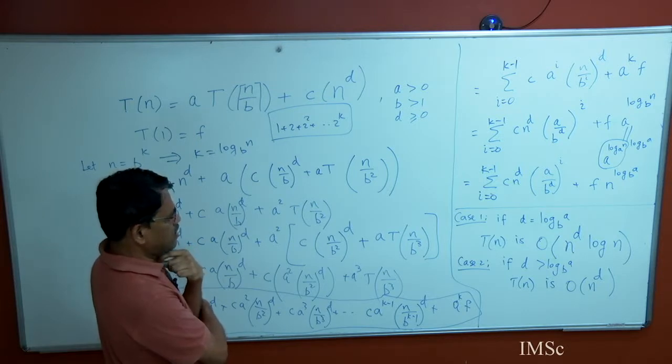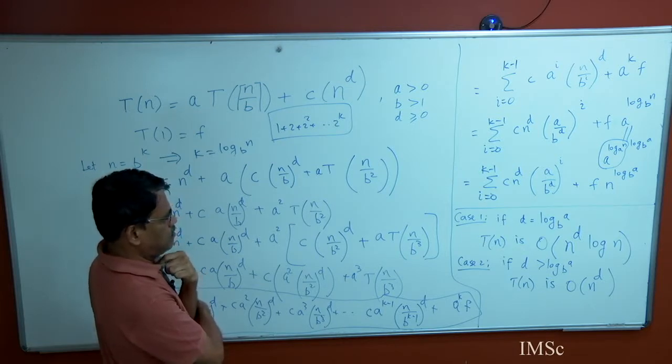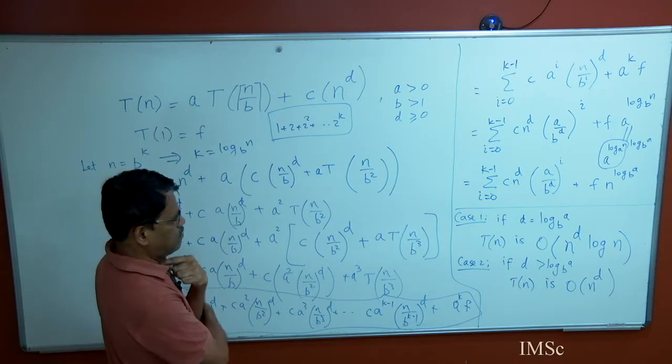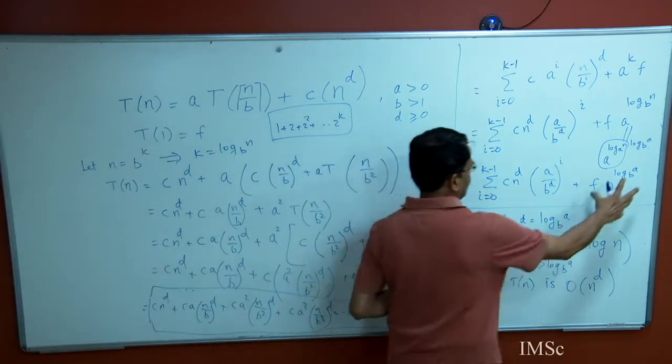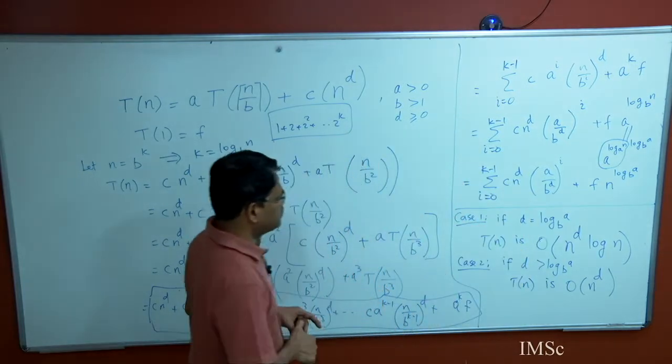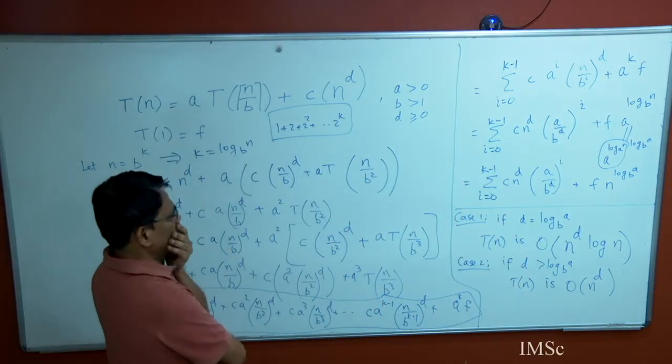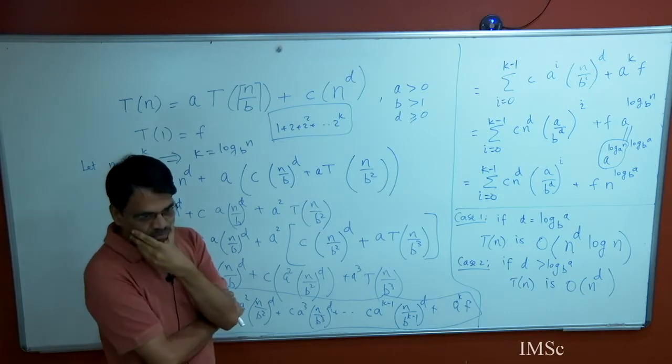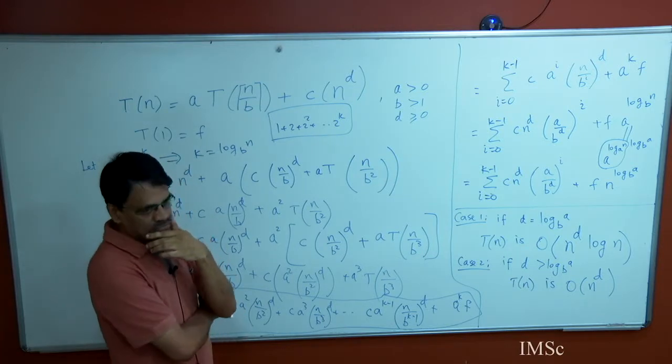Let's see why. Is that clear? Okay, so this term is not really playing a role. I want to say that this is essentially c n power d. If you take c n power d outside, that summation will converge. Yes, exactly.